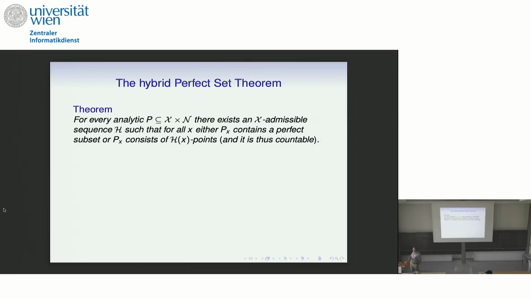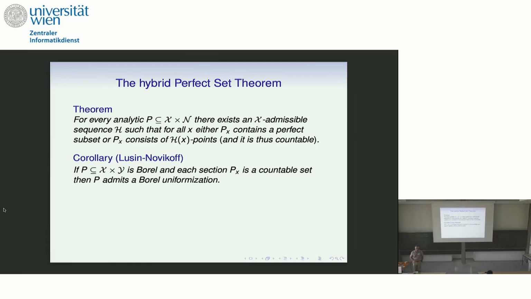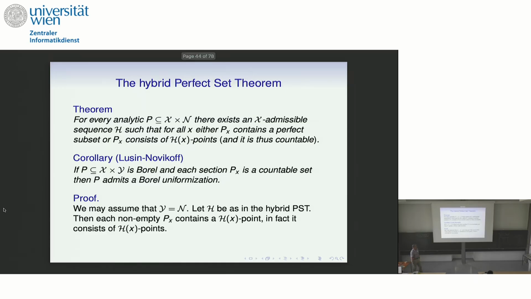But before we do this, let me just mention two corollaries. First one is the Lusin-Novikov theorem. If P is Borel and each section is a countable set, then P admits a Borel uniformization. Let's prove this. The proof is on this slide. First of all, we may assume that Y is the Baire space, as usual. And let H be as in the hybrid perfect set theorem. Each non-empty section contains an hx point.